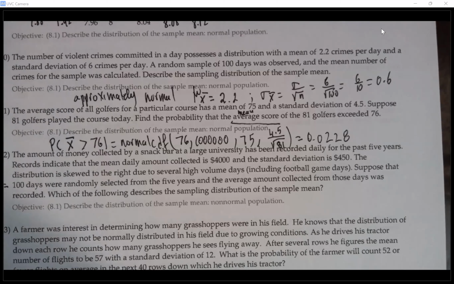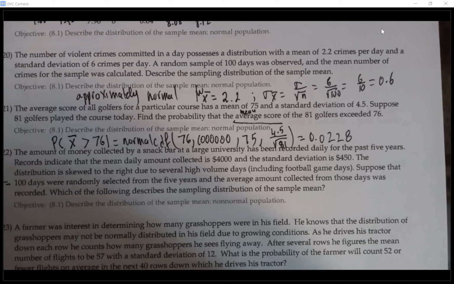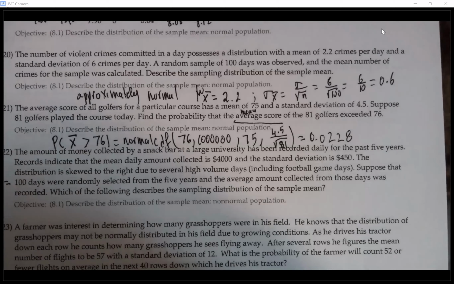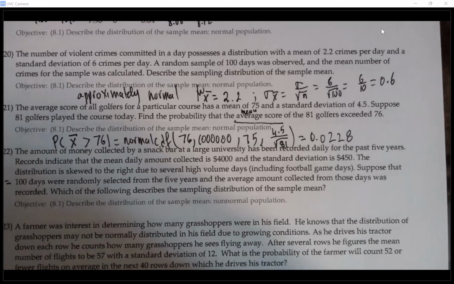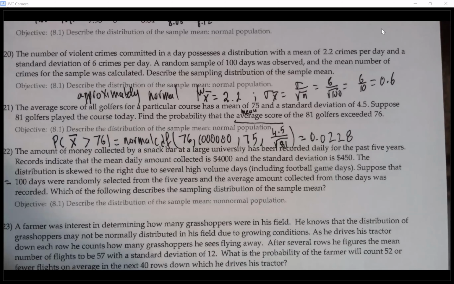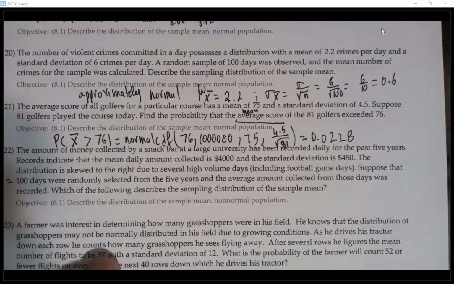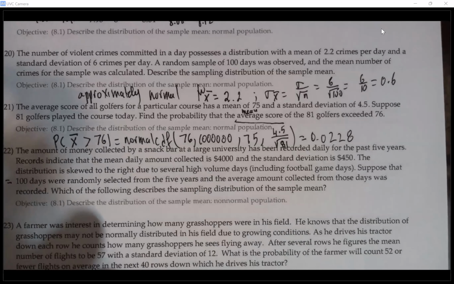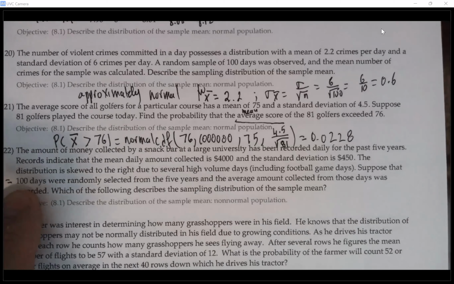So that should have been a multiple choice, but let me tell you what the answer would be here. When your original population is not bell-shaped, what can you say about the population of the sample means? It will be bell-shaped if the sample size is more than 30. And as you can see here, guys, the sample size is 100.